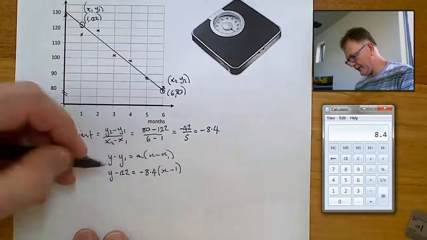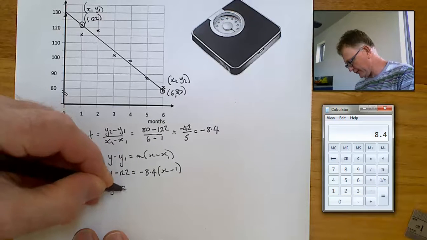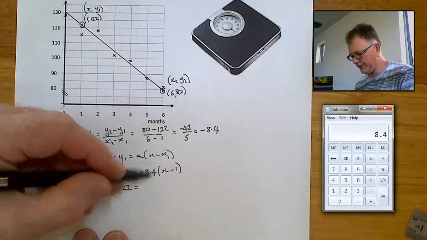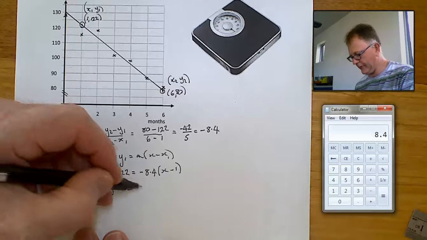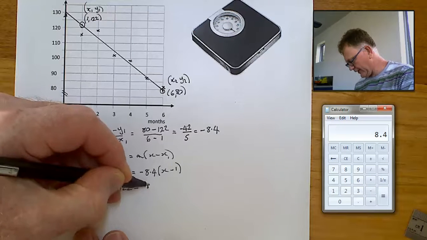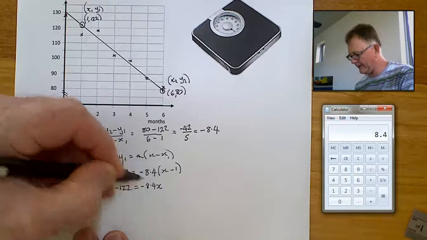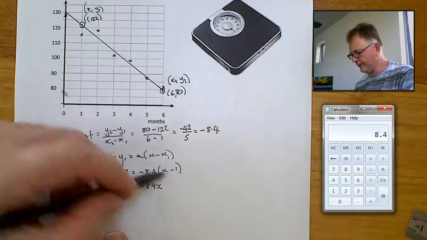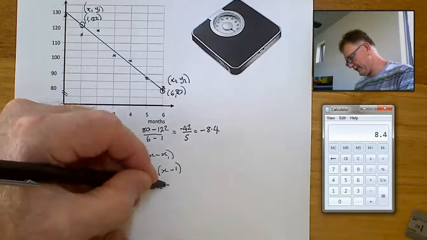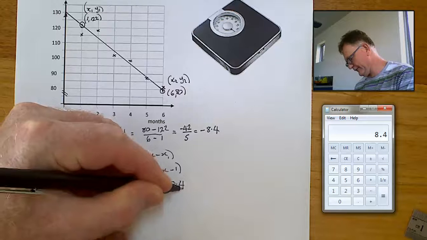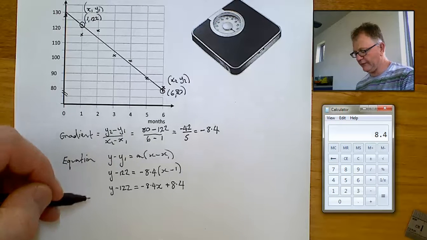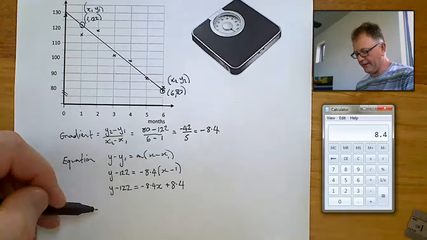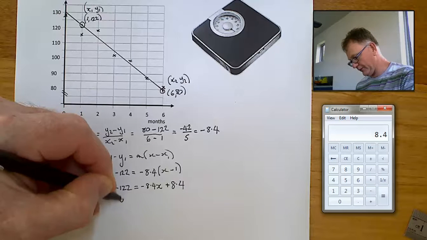Multiply this out of brackets first, y minus 122 equals, and remember the negative 8.4 applies to both those things, so it's negative 8.4 times x, and negative 8.4 times negative 1 is going to be plus 8.4. Now to finish this off and get it in the form y equals ax plus b, I'm going to want to add 122 to both sides.